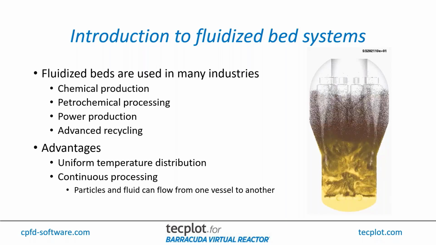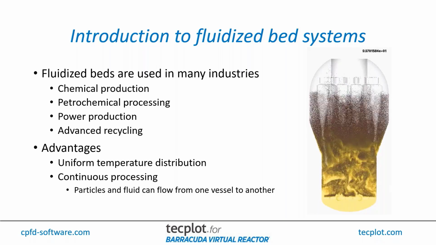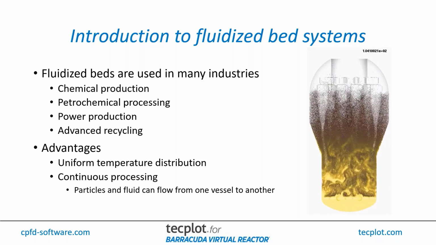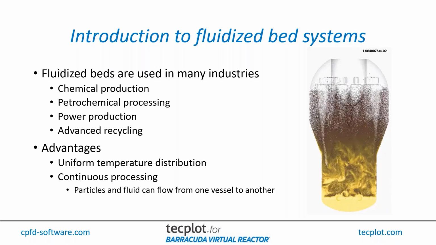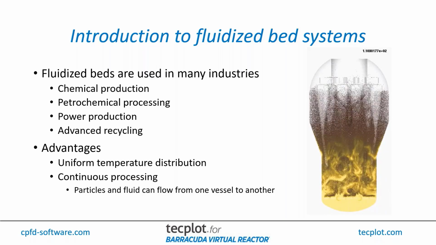Using fluidized beds as chemical reactors offers a number of advantages. One is that temperature distribution within a fluidized bed is often quite uniform because the particles have such a large thermal mass and the gas and particles in the bed are well mixed by the fluidization process.